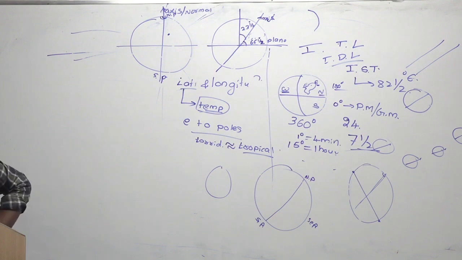Position of the sun. Side heading: position of the sun. First one, December solstice. Side heading: December solstice. Solstice means the place where sun will be overhead. Okay, December solstice or winter solstice.